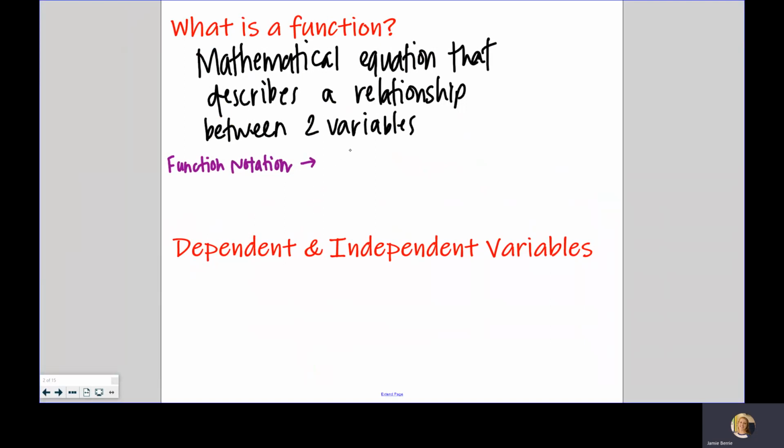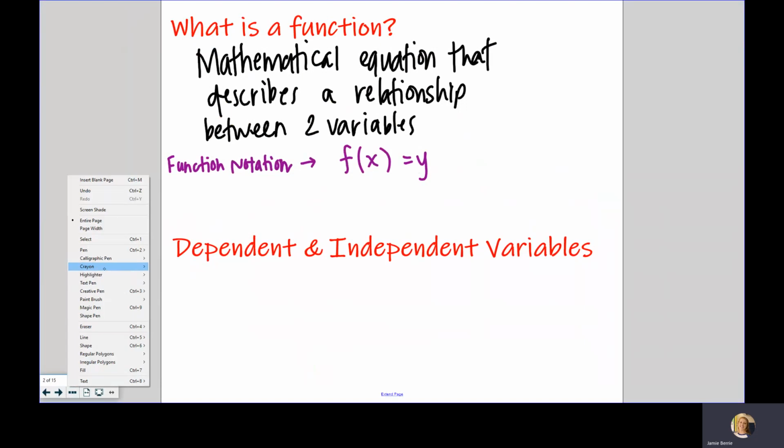This is what function notation looks like. We use f, and then we have these little parentheses, and inside the set of parentheses is the variable x. So f of x is just a fancy way of writing y when you're dealing with a function. And let me just explain what all these letters mean.